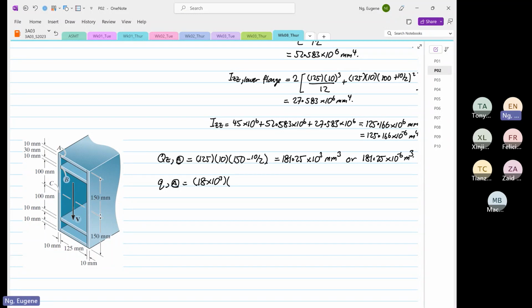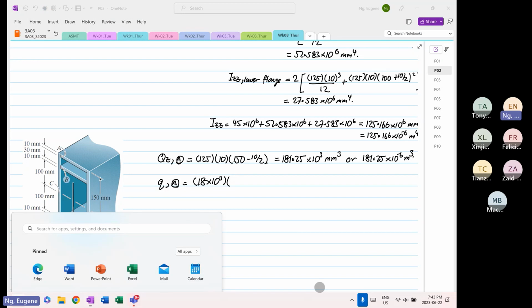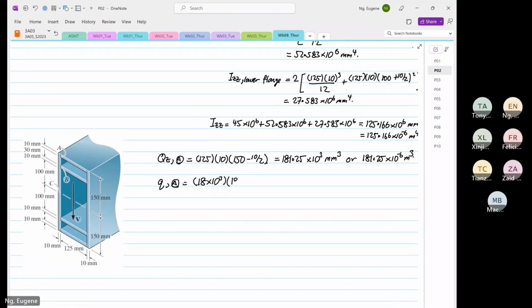And then the Q is equal to 181.25 times 10 to the power minus 6 divided by your IZZ, which is 125.166 times 10 to the power minus 6. Okay. So 18 power 3 times 181.25 power minus 6 divided by 125.166 power minus 6 is equal to 26.